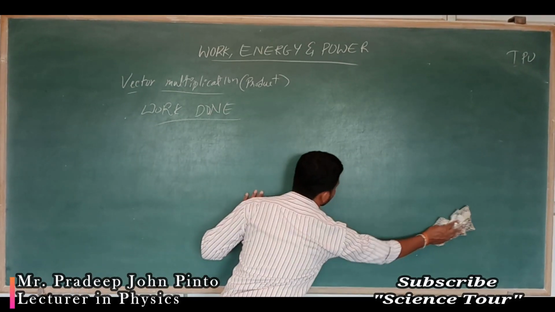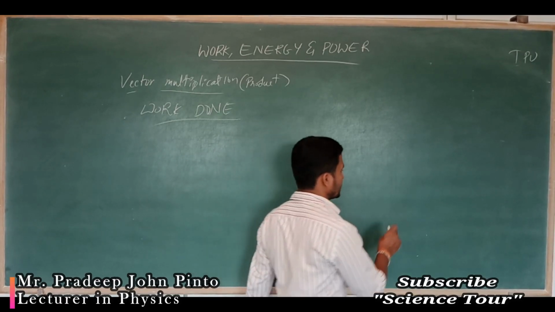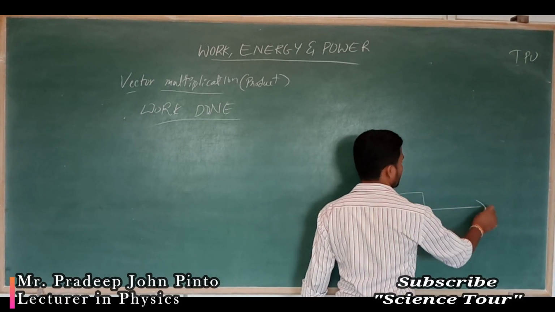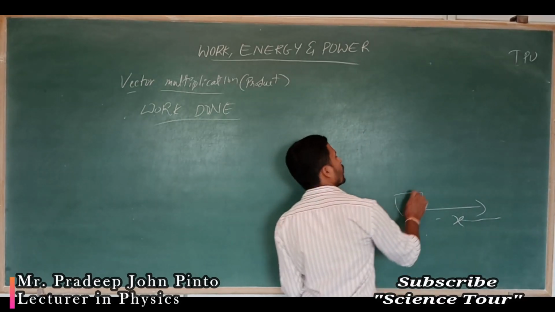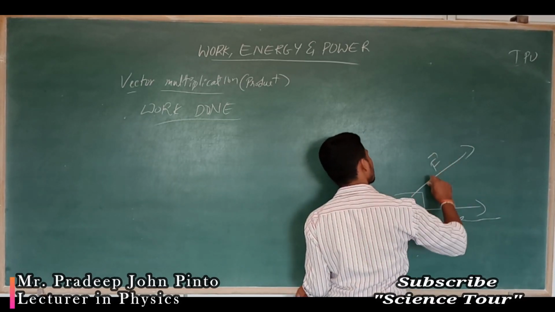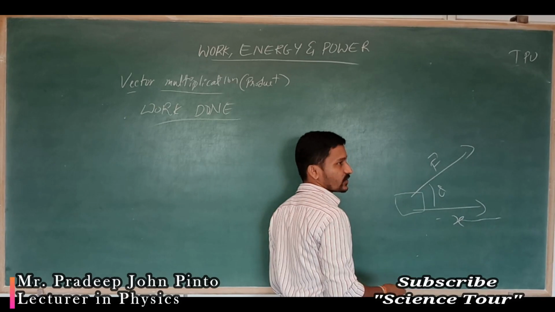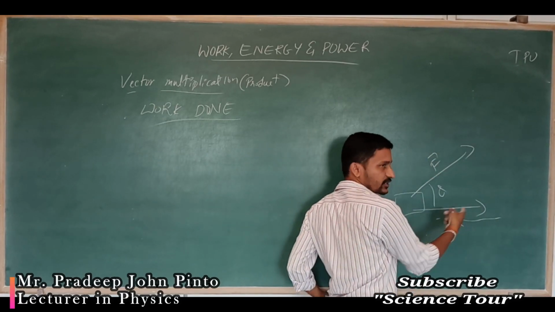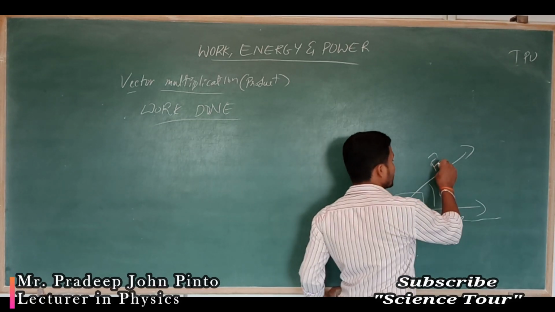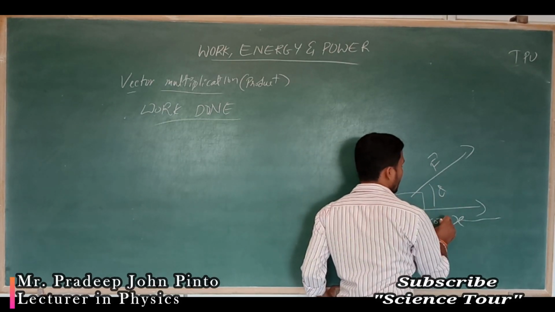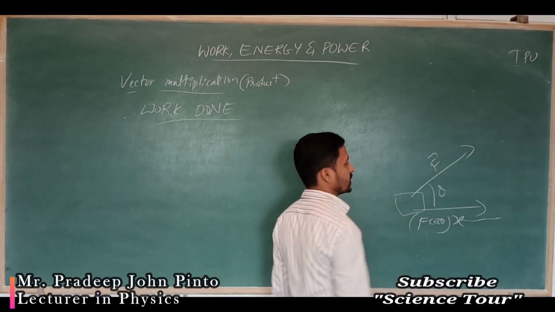Now I will give that example again: a toy will be there, displacement will be in this direction, no? Force will be at angle theta. But is all the force utilized for displacement? No. Which force is utilized? Only the component, that is F cos theta, is utilized for the displacement.